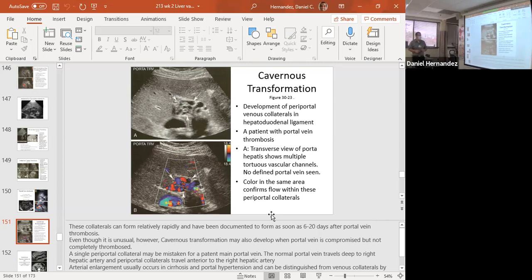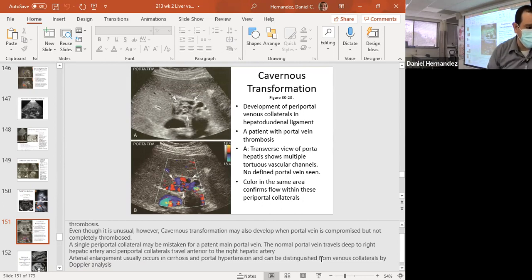So if you're able to find your hepatic artery, you can tell where these collaterals are in relation to it to differentiate between your main portal vein and just the collateral. Arterial enlargement usually occurs in cirrhosis and portal hypertension and can be distinguished from venous collaterals by Doppler analysis.